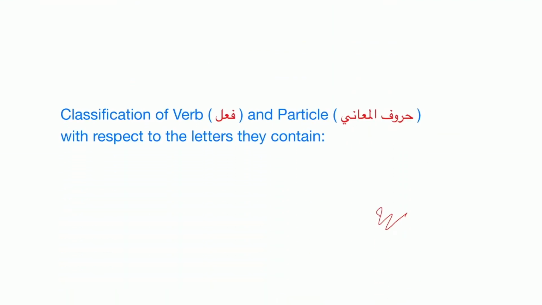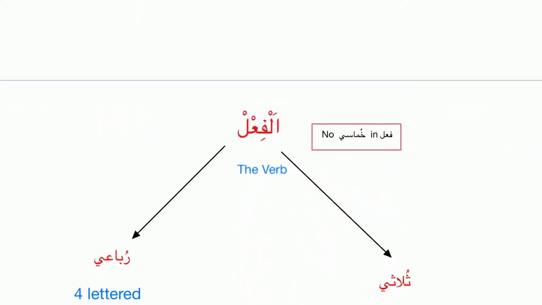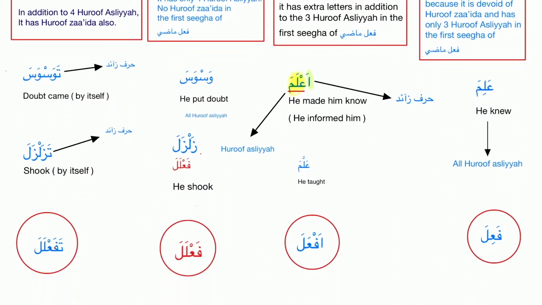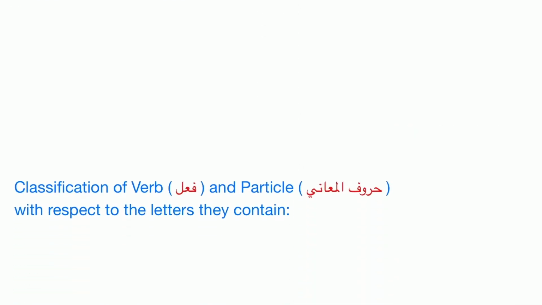So, in our last lessons, we classified the noun, classifying the noun with respect to the letters it contains. So, what we did, we started from kalima.